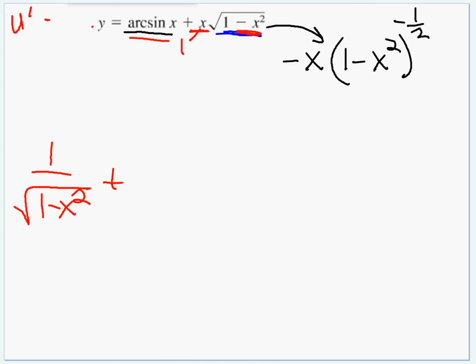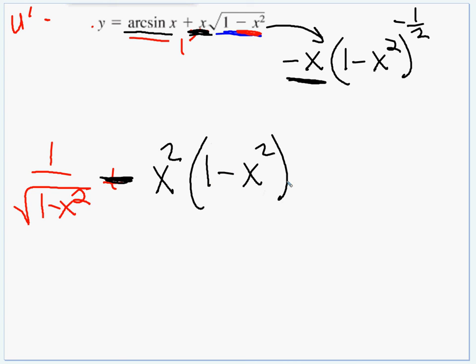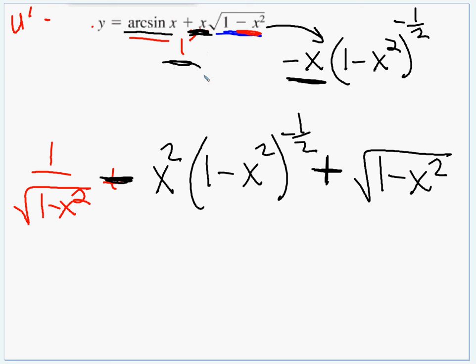This x times this negative x is going to make that a negative x squared times the quantity to the negative half power. Product rule goes on to say plus the second thing times the derivative of the first. Well, the second thing is our radical, 1 minus x squared, times the derivative of the first was just 1.